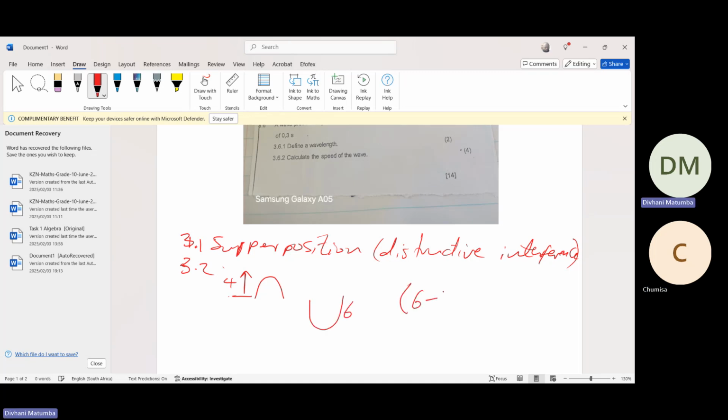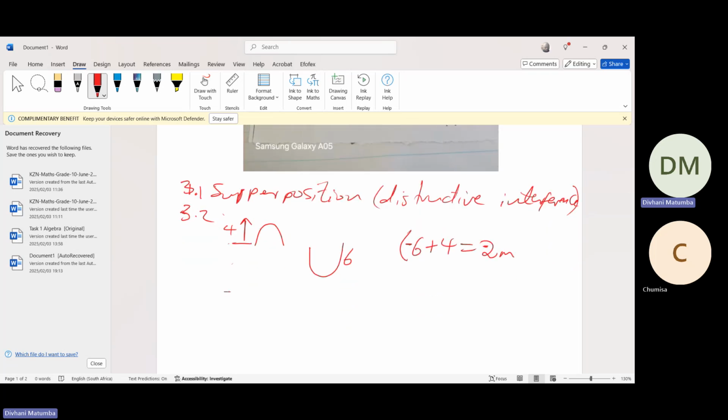So 6 minus 4 equals 2. Actually it will be minus 4 plus 6, so it will be minus 2. It means you will have a pulse like this, and the amplitude will be 2 centimeters. Do you agree? Yes, sir. All right.